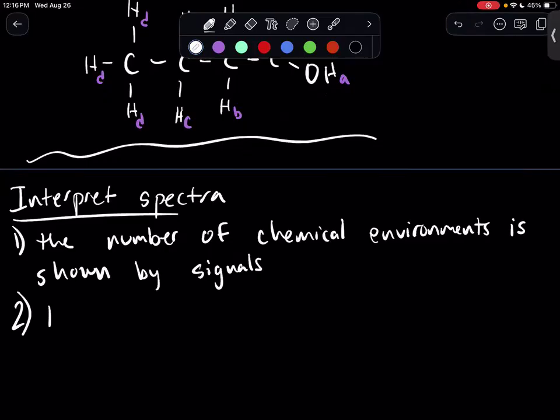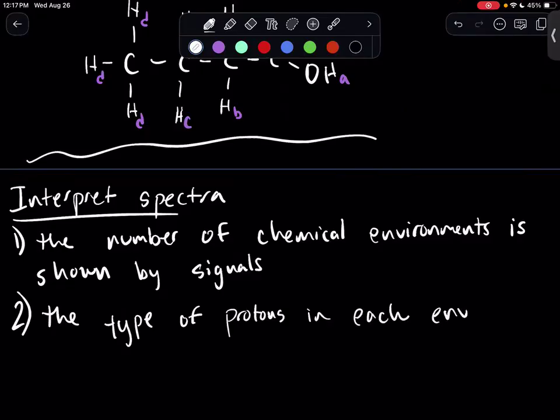Furthermore, the type of protons in each environment is shown by chemical shift.